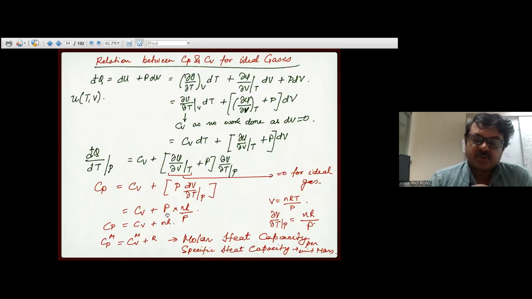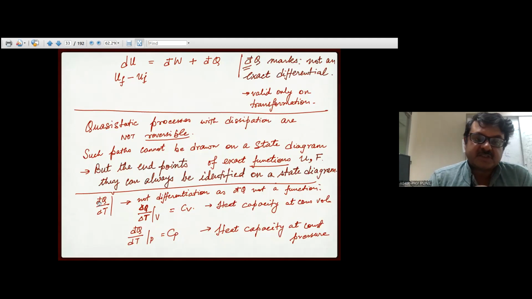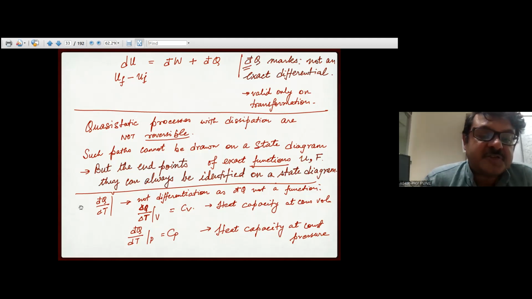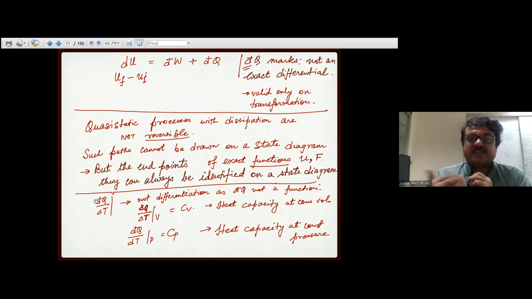The other thing to note is, even though once in a while we write dQ/dT, the amount of heat changed on changing a temperature, this should not be considered as a differentiation. You can differentiate if Q is a function of temperature. Q is not a function of temperature. You're just saying that if you change temperature and do this kind of process, how much heat is absorbed or exchanged.